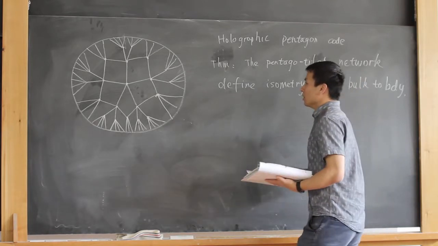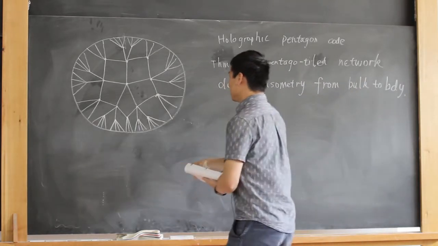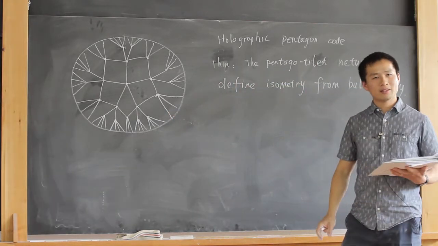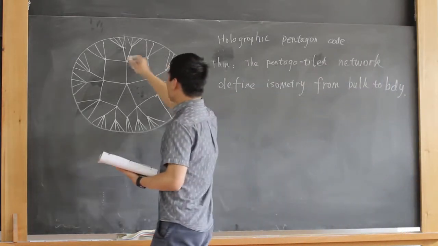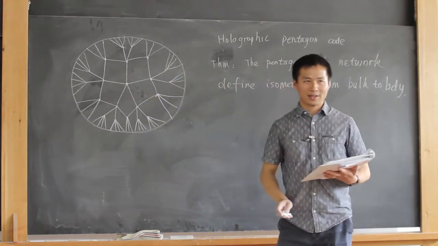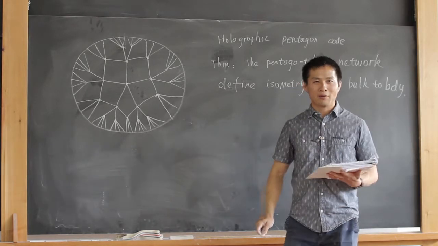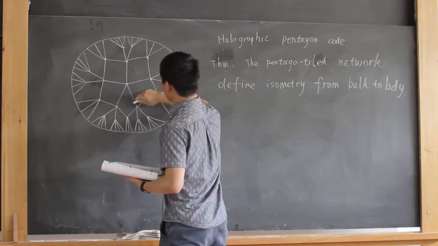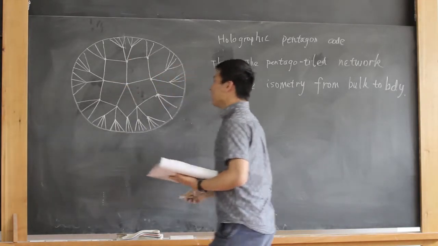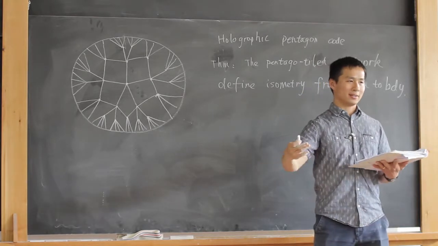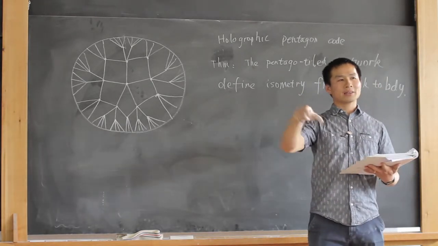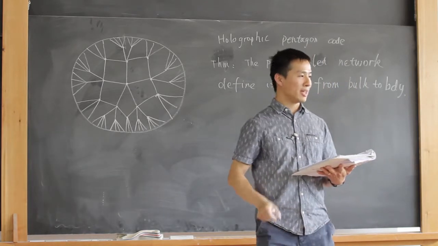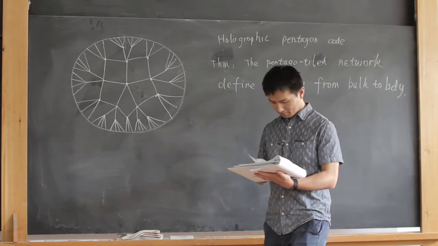So the way we should understand this, just to motivate why this is true, is we should think about all the tensors as organized in layers, as I discussed when I drew the tensor network. So let's say this is the first layer, then the second layer, and the third layer. And the layers are organized by graph distance, essentially counting the minimum number of legs you have to traverse in order to get to the center. Okay?